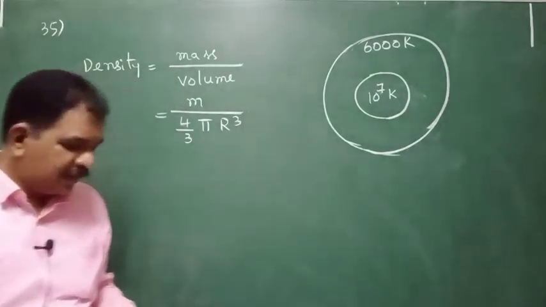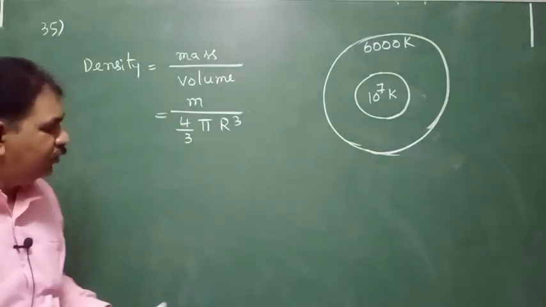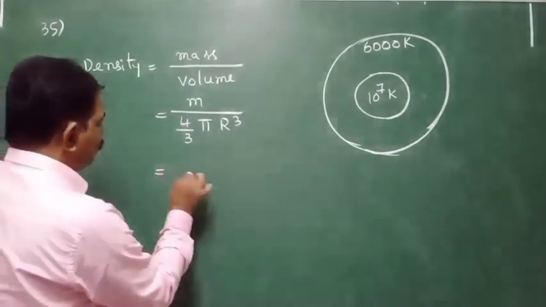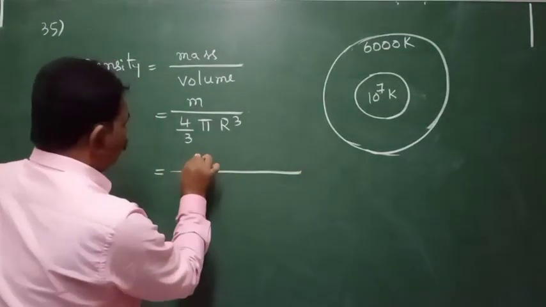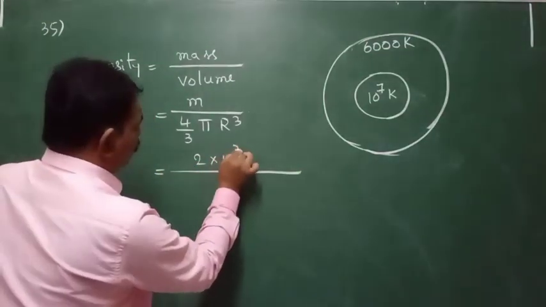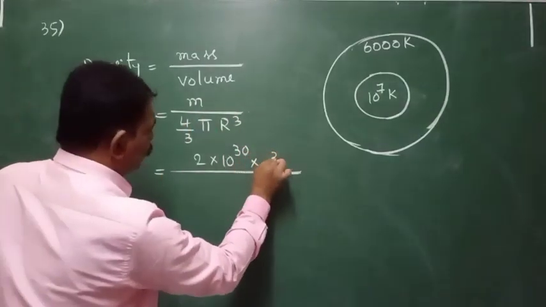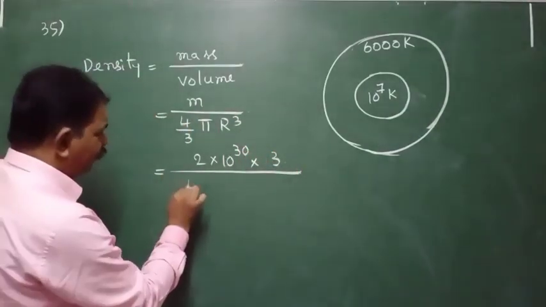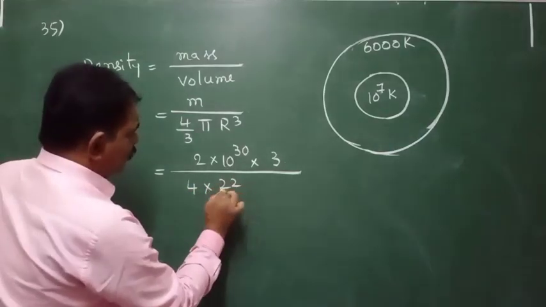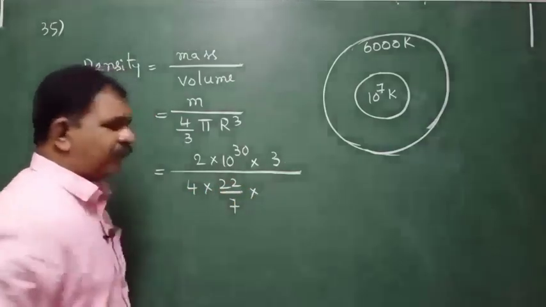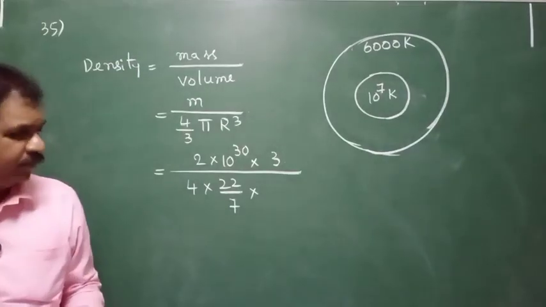Here how much mass is given? 2 into 10 power 30. This 3 is there, right? It will come to the numerator. I wrote here 4. Pi value is 22 by 7.